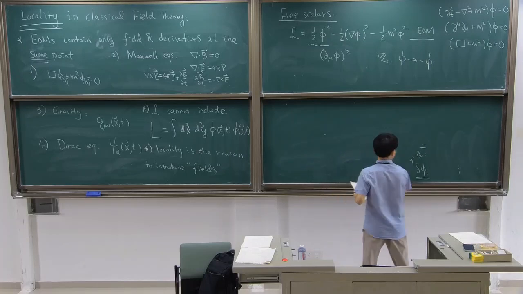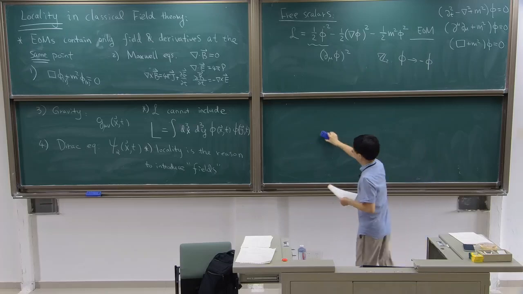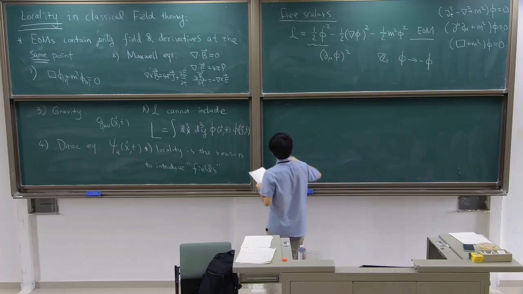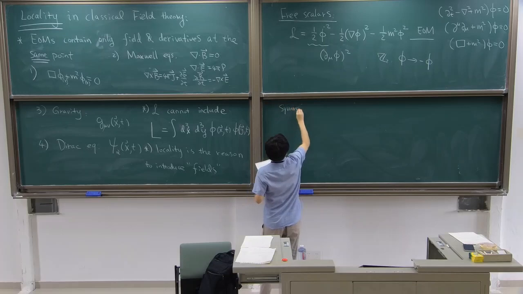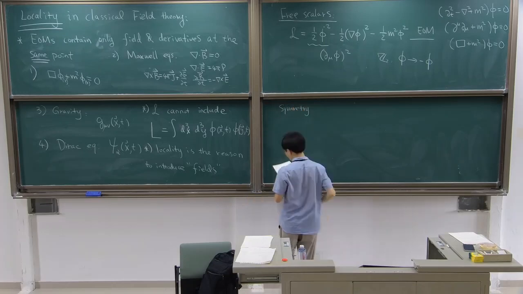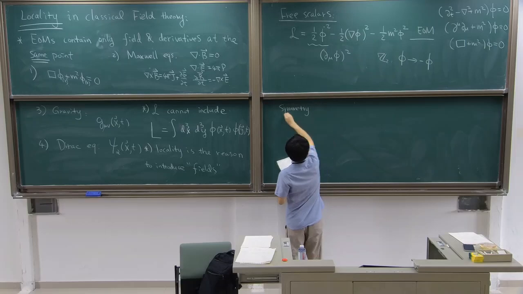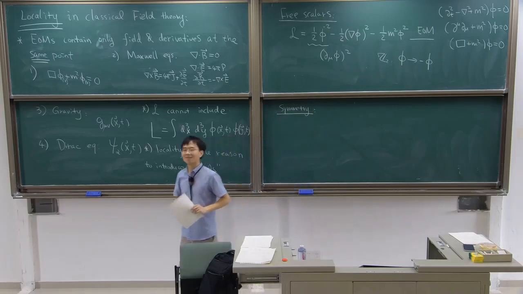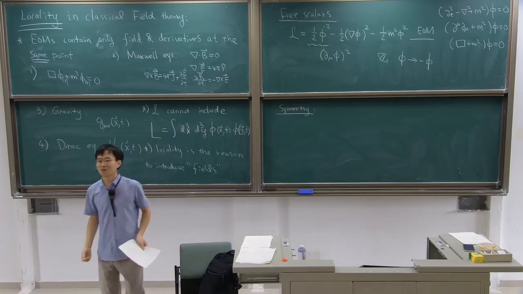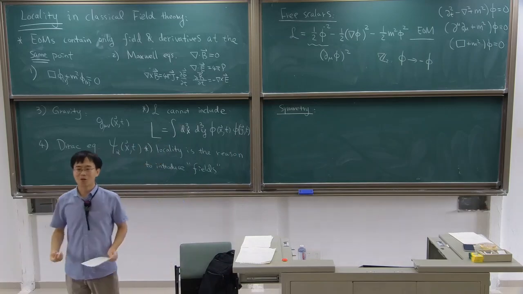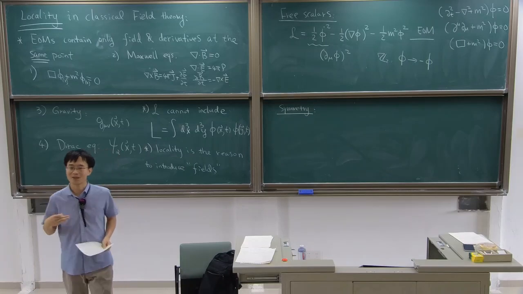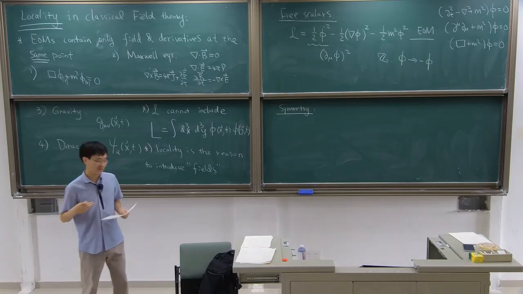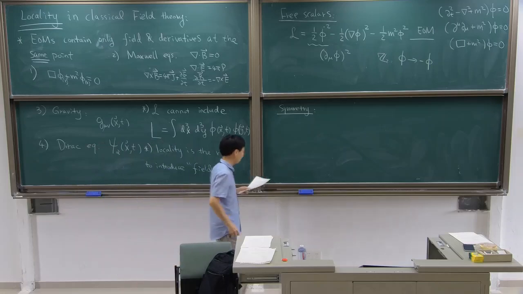So this is the next topic I want to discuss, which is about symmetry. Again, we haven't yet discussed quantization of fields at this moment. All this property discussion is at the classical level.